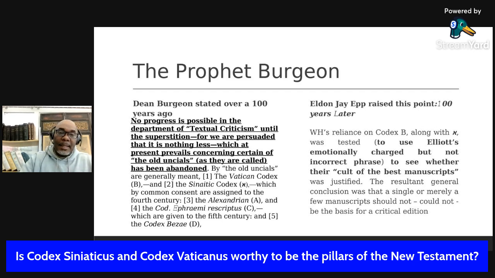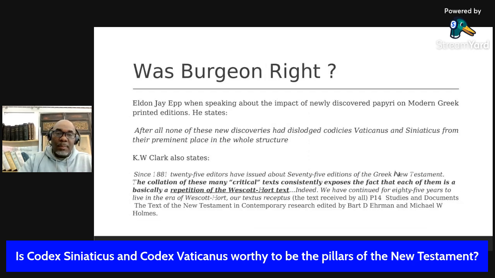Okay, that's Dean Burgon. Let's see what else Prophet Burgon says. Was Burgon right? Eldon J. Epp was speaking about the impact of newly discovered papyri on modern Greek printed editions. He states, after all, none of these new discoveries has dislodged Codices Vaticanus and Sinaiticus from their preeminent place in the whole structure.